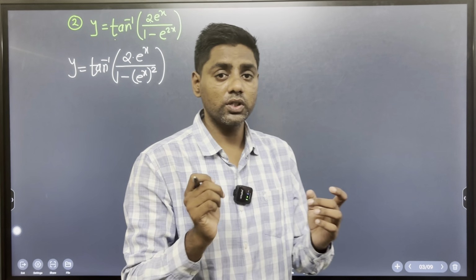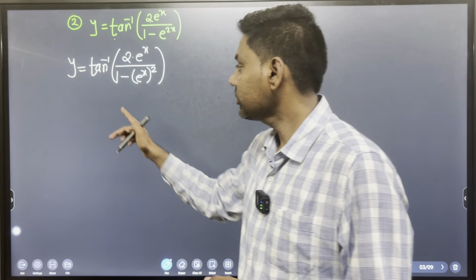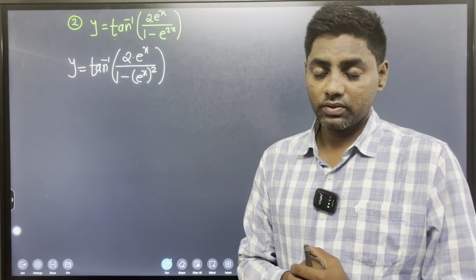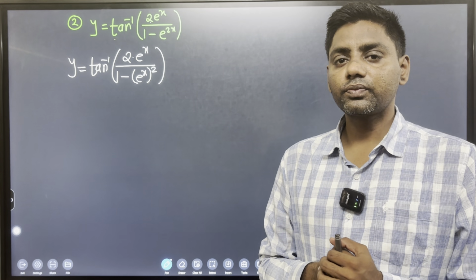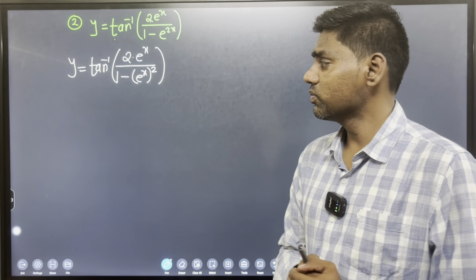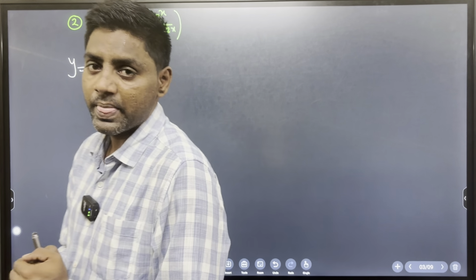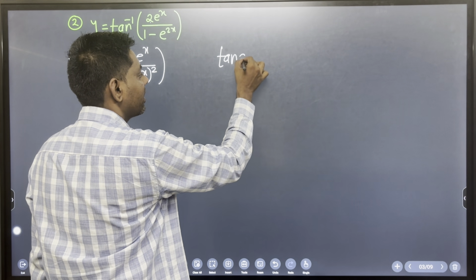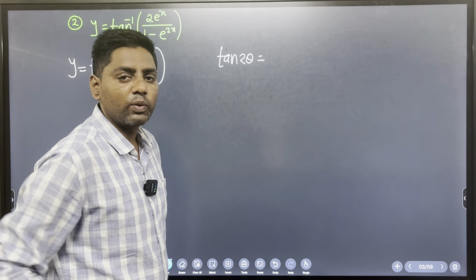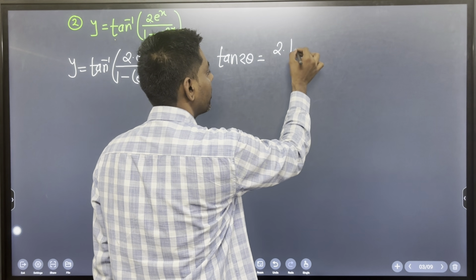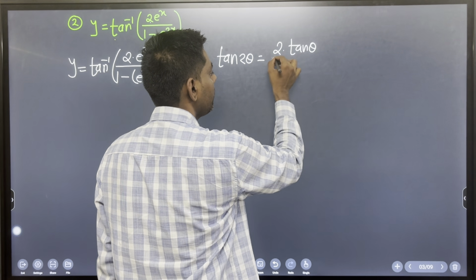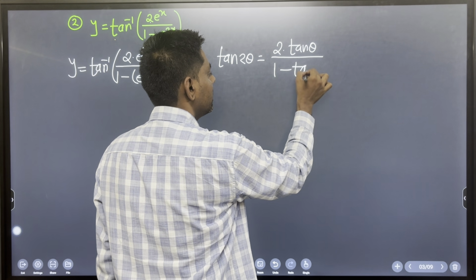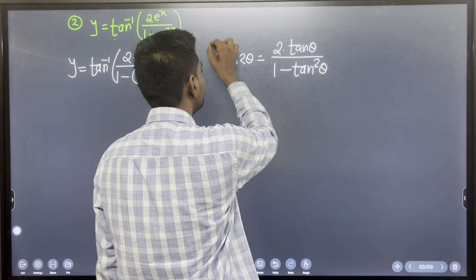And after that, just remember the formula of tan of 2 theta in terms of tan theta, and the formula is very simple. So when we go for the multiple angle formula for tan 2 theta, the formula is very easy: 2 into tan theta divided by 1 minus tan square theta.